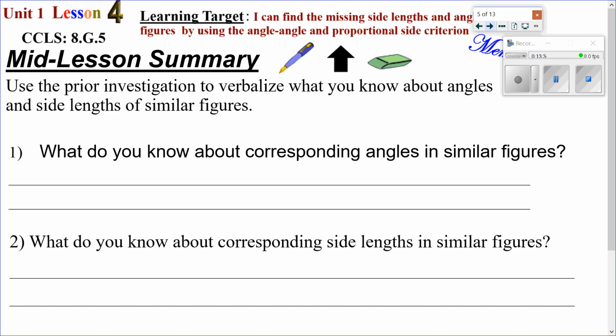So let's do a little mid-lesson summary. We have to use our prior investigation to verbalize what you know about angles and sides, lengths of similar figures. What do you know about corresponding angles in similar figures? We know the word corresponding means same position.